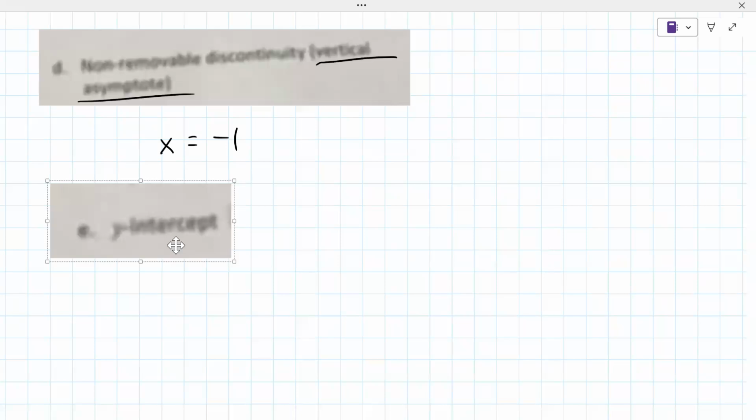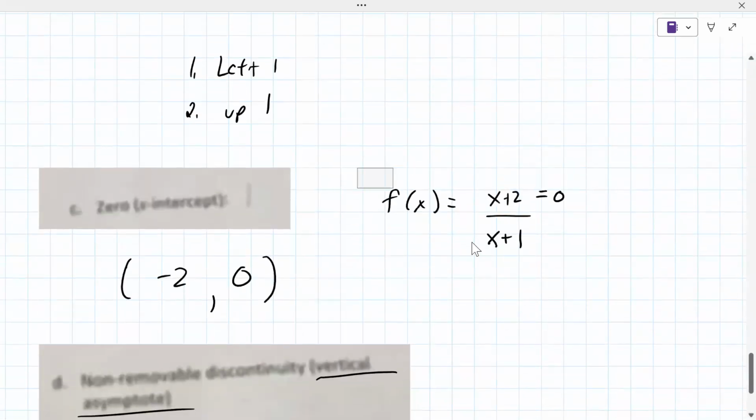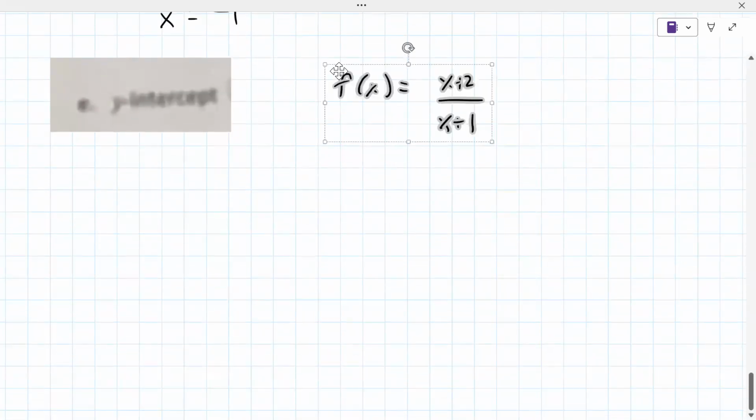It's an ordered pair, and you use this right here. You actually just said how to do it. You put 0 in for x. Okay, yeah, so 2 over 1, sorry, not -2. As an ordered pair: 0 comma 2.